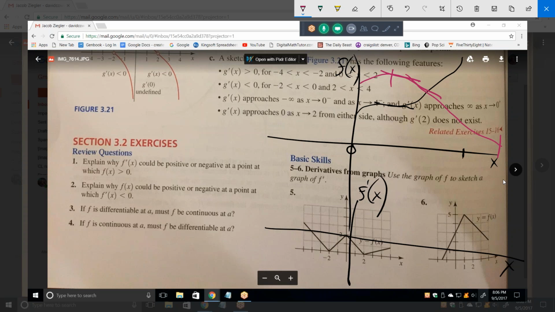So whether or not the original function is in positive territory or not, the derivative can be positive or negative, depending on whether the slope of the tangent line is positive or negative.